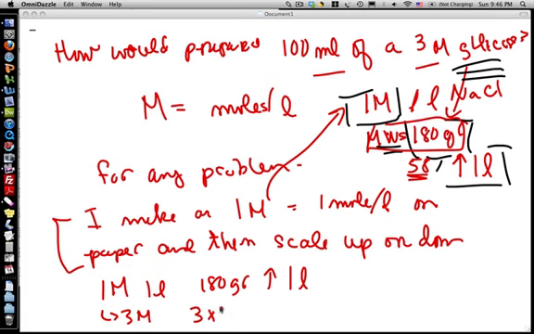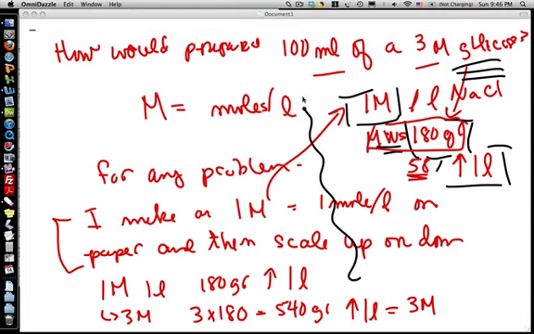So I'm just going to take 3 times 180, and that's about 540. And so now I say, I would weigh out 540 grams and dissolve it up to 1 liter, and that would equal 3 molar. And then I say, okay, you don't want me to make a whole liter. This is 100 milliliters. Then I can do a simple conversion from liter to milliliter to get that final answer.